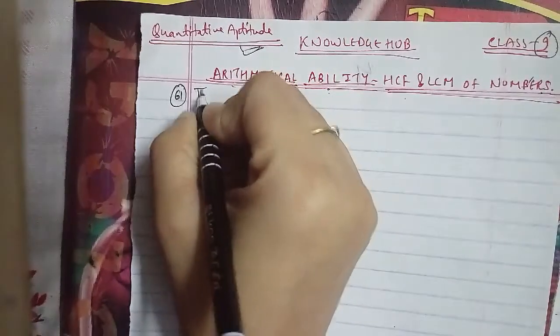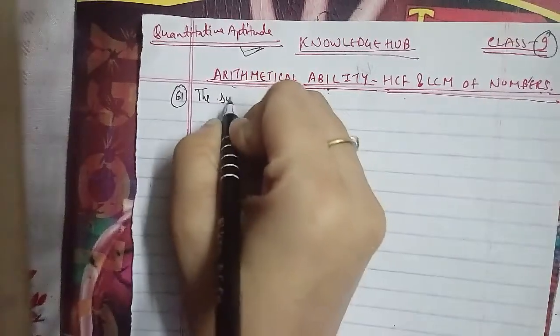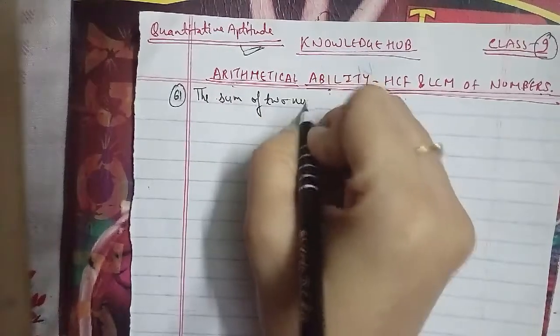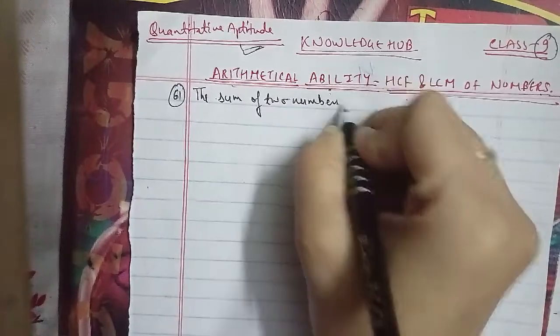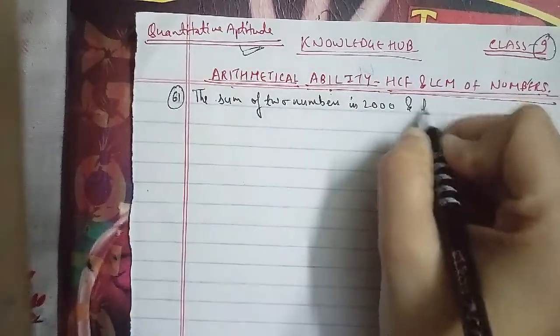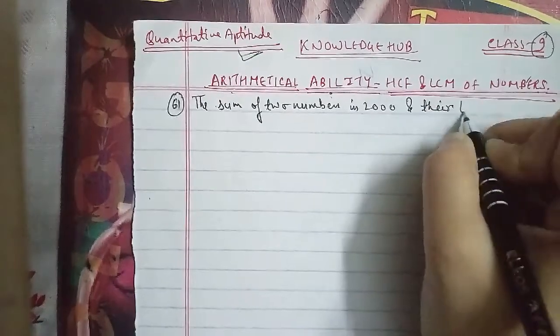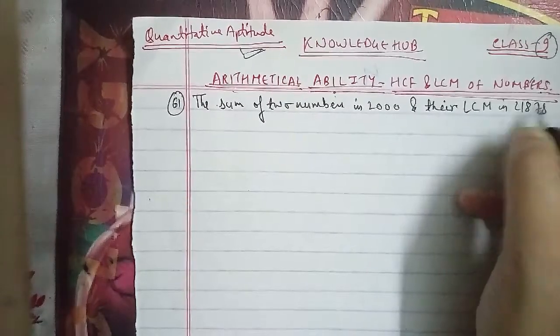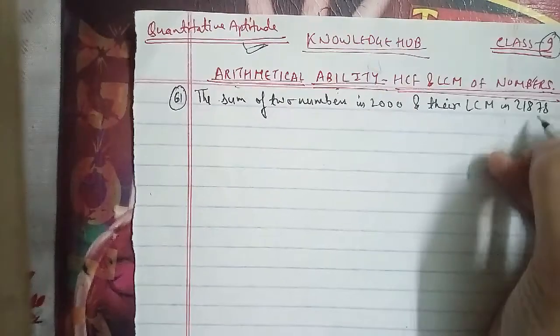So the question is, the sum of two numbers is 2000 and their LCM is 21,879.